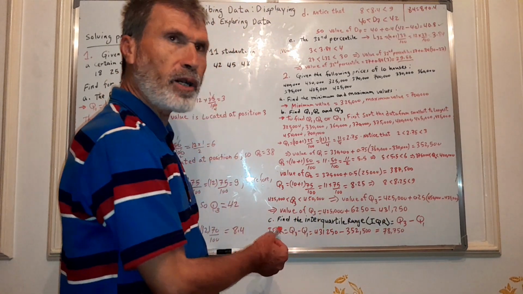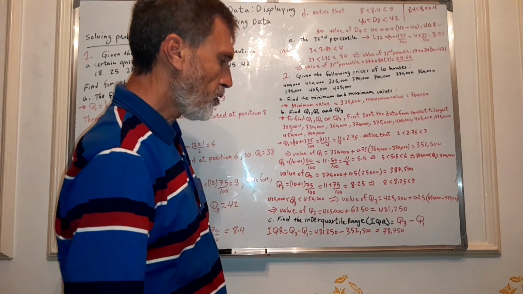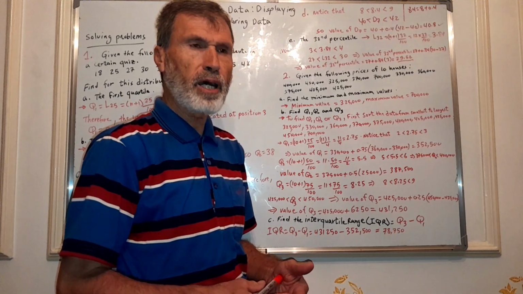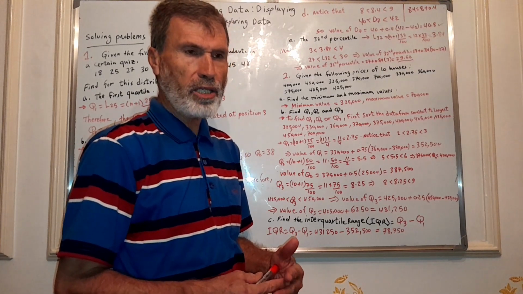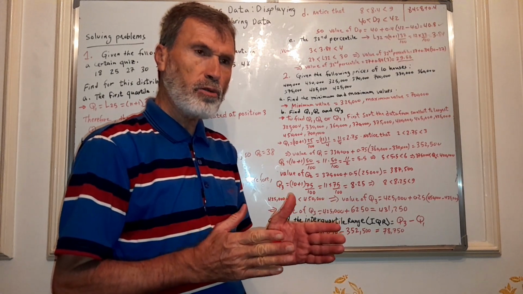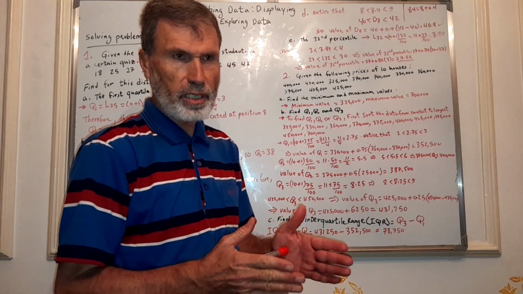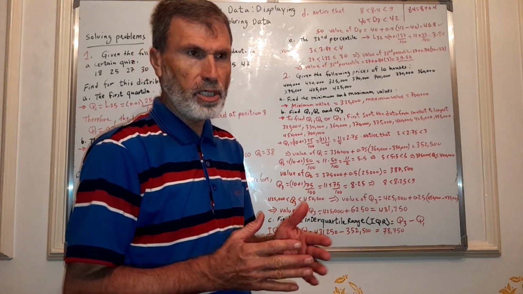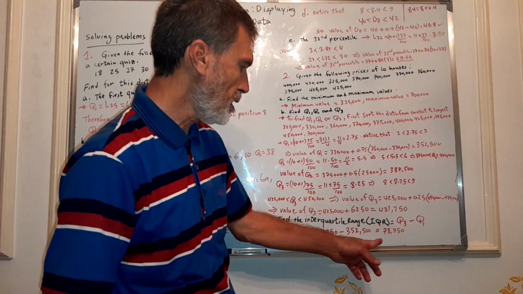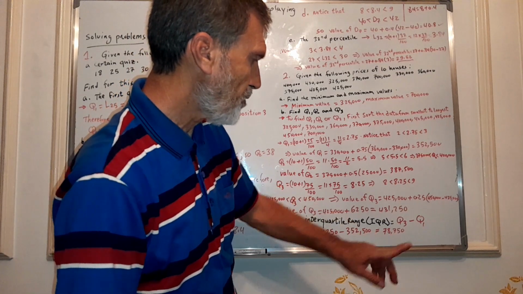Part C, the last part, says, find the interquartile range. Of course, we're going to label this IQR. So IQR stands for interquartile range, which is equal to Q3 minus Q1. When we subtract Q1 from Q3, we come up with 78,750.